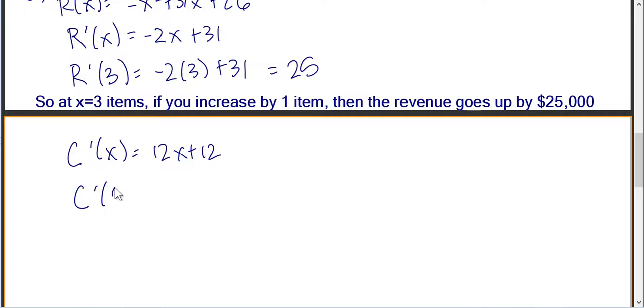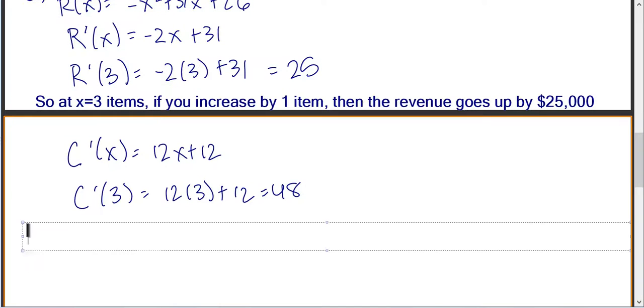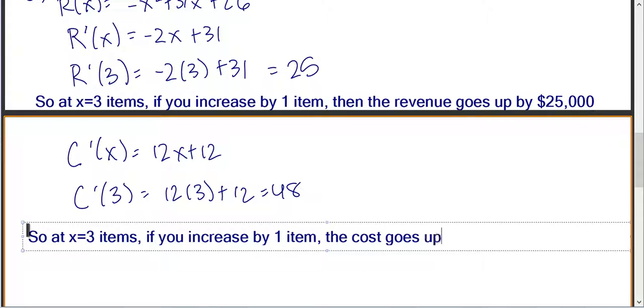Okay, so the marginal cost at 3 equals 12 times 3 plus 12, which equals 48. So at x equals 3 items, if you increase by 1 item, the cost goes up by 48,000.